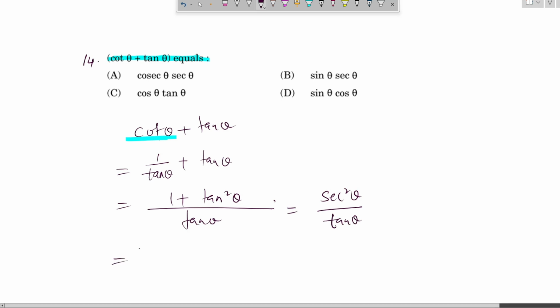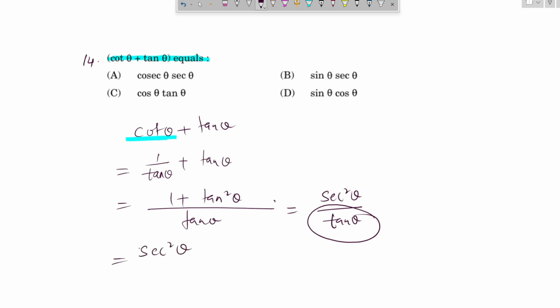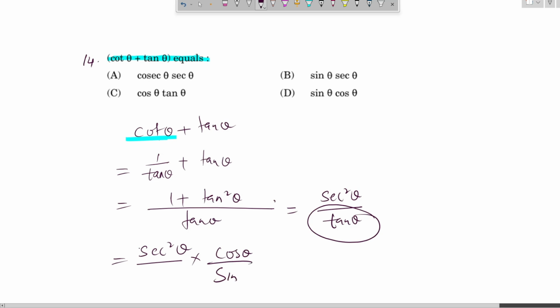Now again, as the answers you have in sine and cos and secant only, we will write it that way. Now we'll further solve it like 1 by tan theta is cot theta, and cot theta value is equal to cos theta by sin theta.